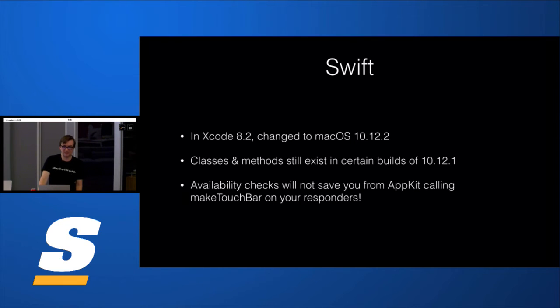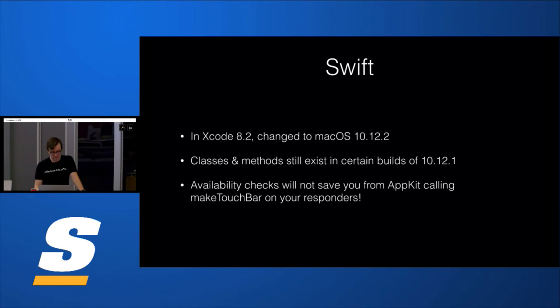And this actually happened to us in Cinemagraph Pro. So I told you that we nil out our touch bar when you switch modes, right? So we had a Swift method called invalidateTouchBar that didn't have any availability stuff on it, and then inside we would check the version. On 10.12.2, it would call setTouchBar nil.